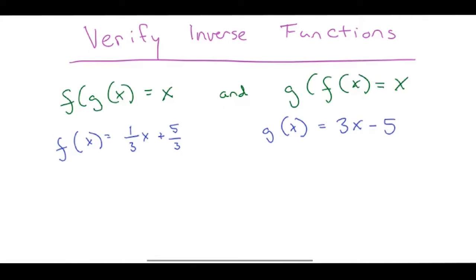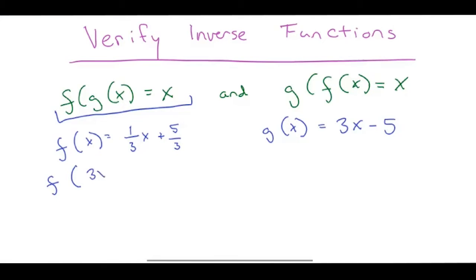So we're going to verify that these two are inverses. Let's see if that works. I need to do f of g of x equals x first. Let's do that first. So I will do f of g of x.